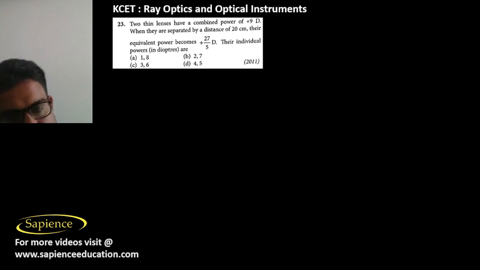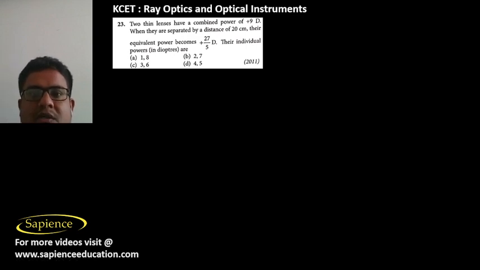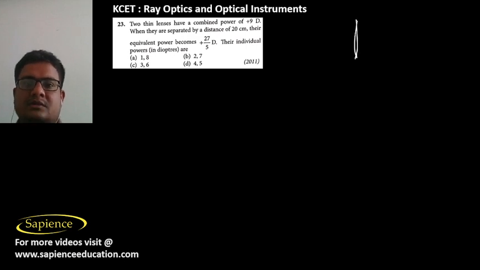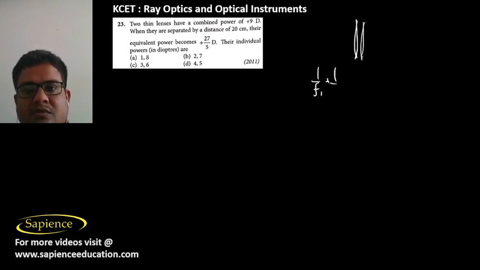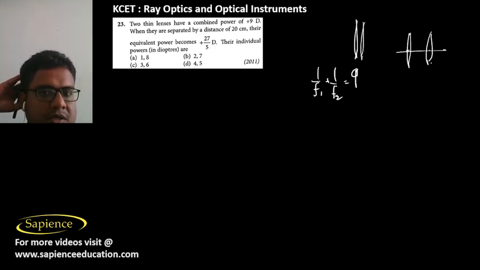Then in question number 23, it is told two thin lenses of combined power of 9 diopter. When they are separated by a distance of 20 centimeter, their equivalent power becomes 27 by 5 diopters.